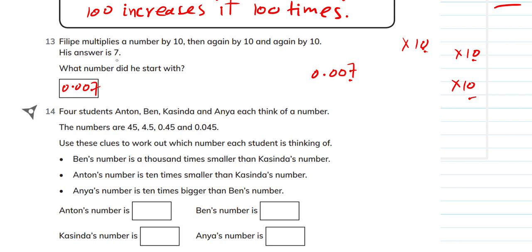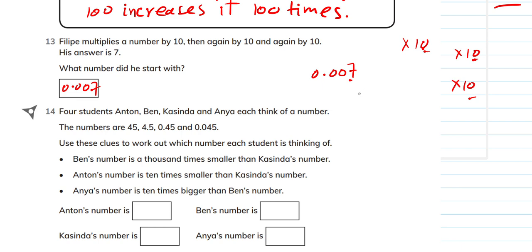His final answer is 7, and he got this answer when he multiplied 3 times by 10. Every time he multiplies by 10, the decimal moves 1 digit to the right. He multiplied 3 times, so the decimal moved 3 digits to the right.